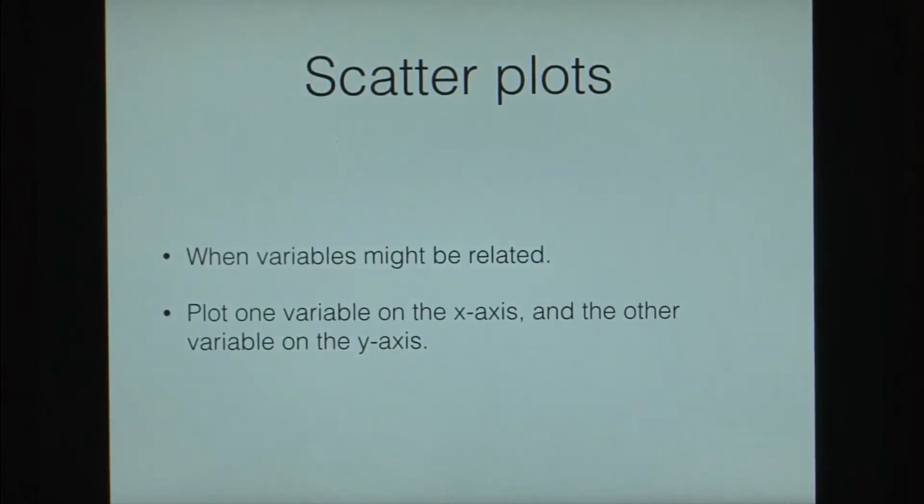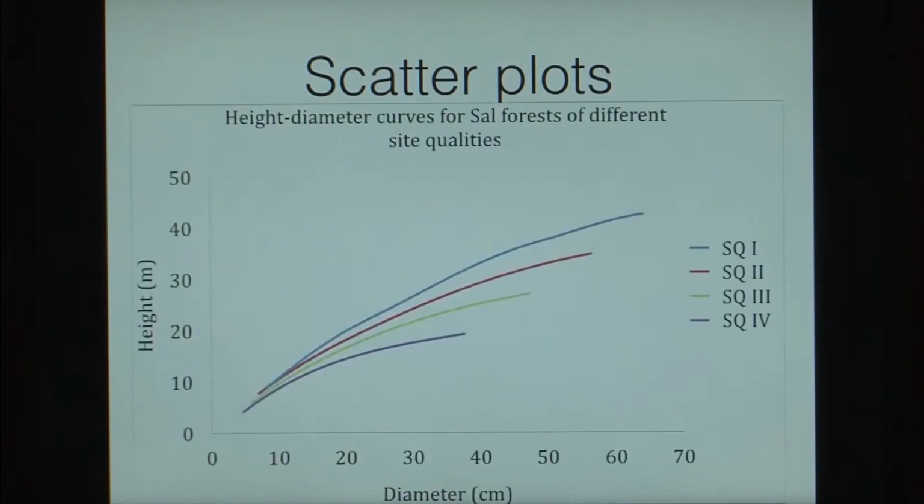Now, when the variables might be related, we use scatter plots. In the case of a scatter plot, we plot one variable on the x axis and the other variable on the y axis. If there is a relation, we will observe a trend. Let us look at some scatter plots. This scatter plot shows height, represented on the y axis, and the diameter of trees, represented on the x axis, in the case of sal forest of different site qualities.